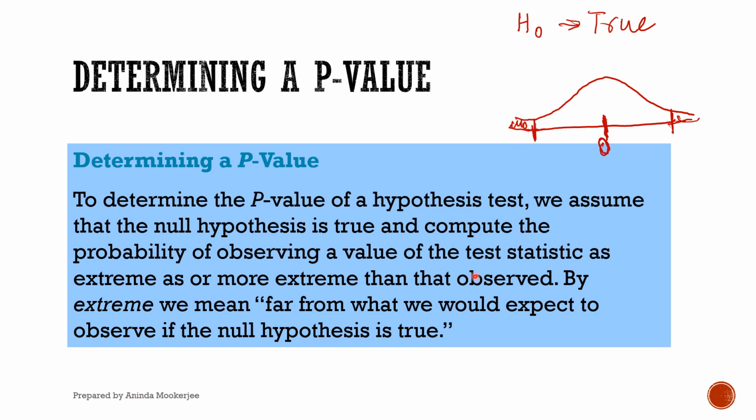So it's going to be an extreme value. By extreme, we mean far from what we would expect to observe if the null hypothesis is true. So that's what the p-value is about.